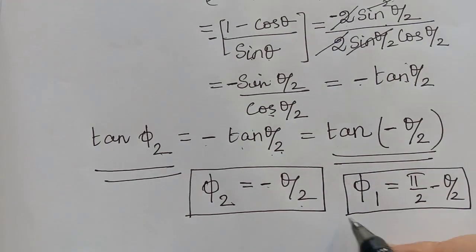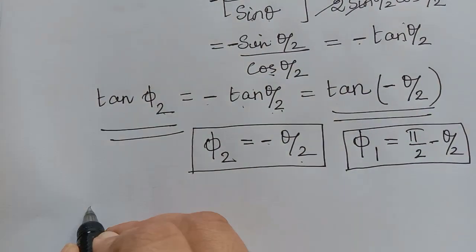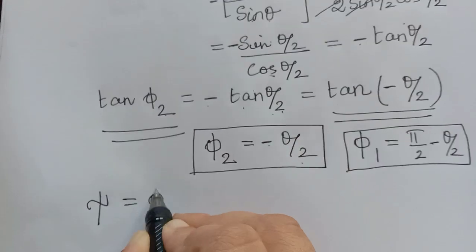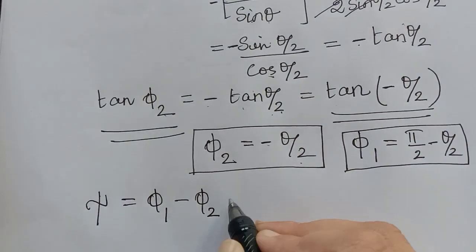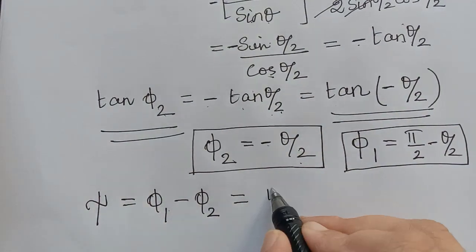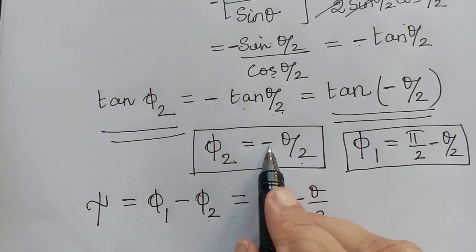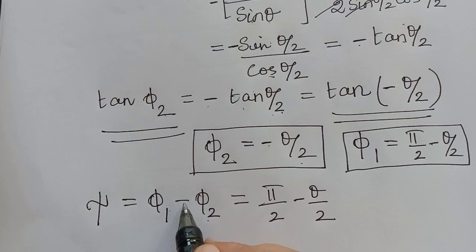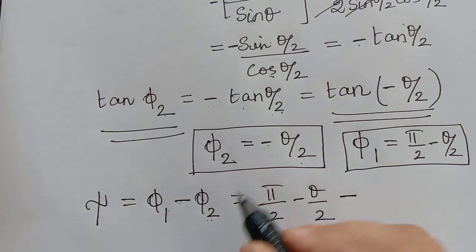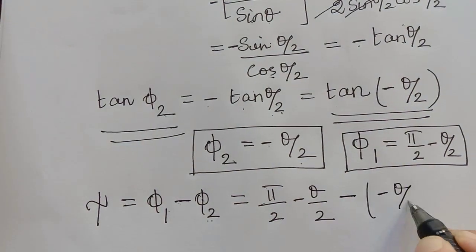Now let us find the angle of intersection between the two curves, which is xi, that is equal to phi 1 minus phi 2, which is equal to, what is phi 1? Pi by 2 minus theta by 2, and phi 2 is minus theta by 2. So phi 1 minus phi 2, minus of minus theta by 2.